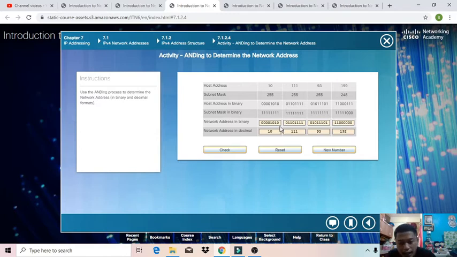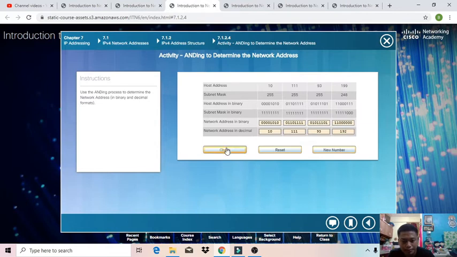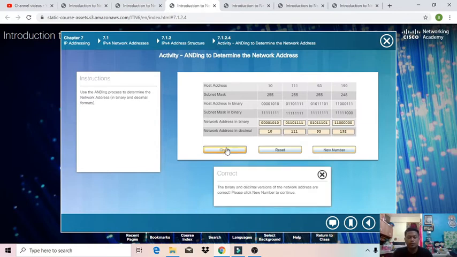Because this is 1, 2, 4, 8, 16, 32, 64, and 128. It's multiplied by itself like this. This is the value of a bit on a position. So let's check. So correct. The binary and decimal versions of the network address are correct.